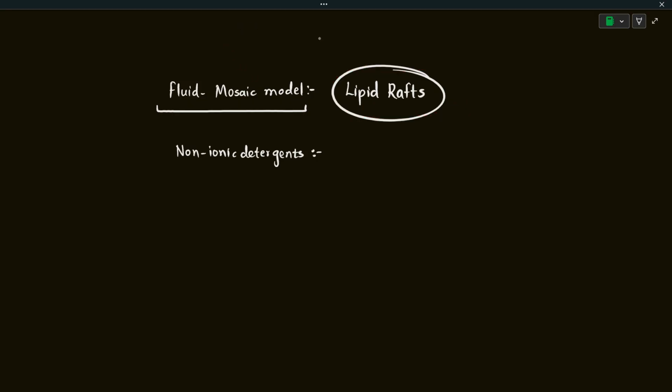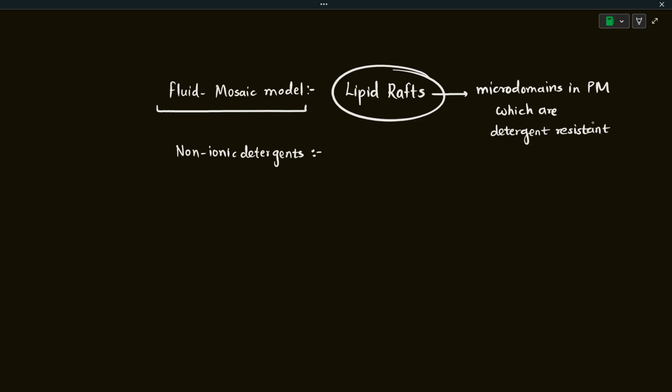So lipid rafts are microdomains of the plasma membrane which are detergent resistant.